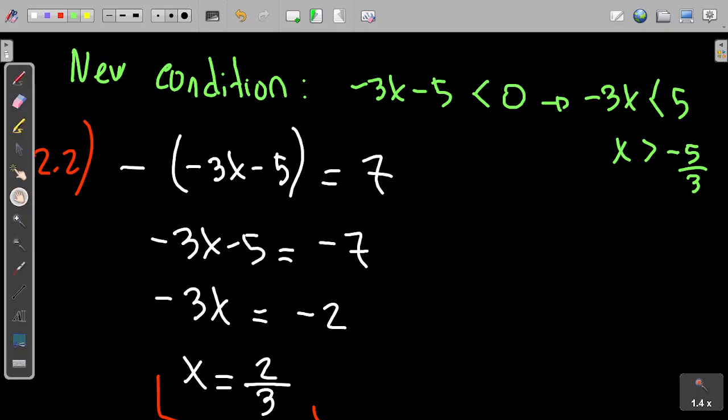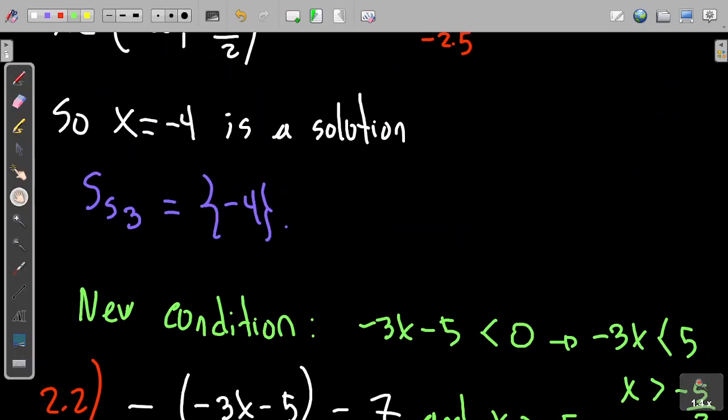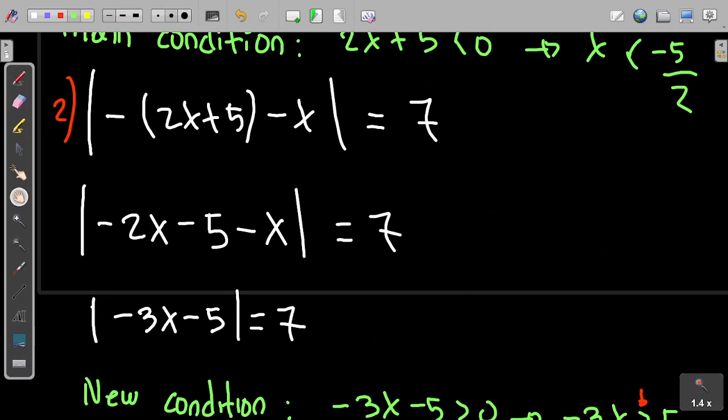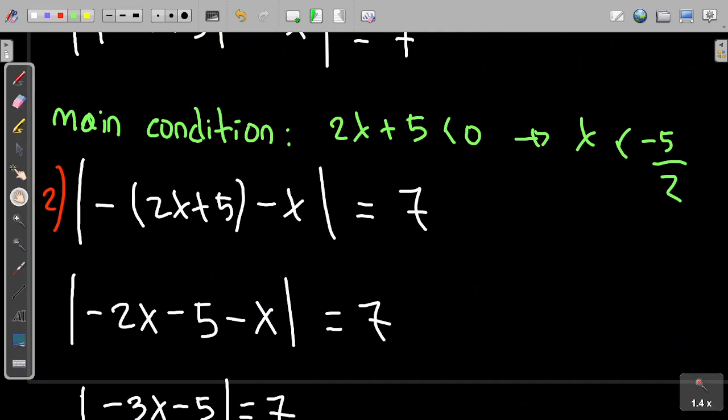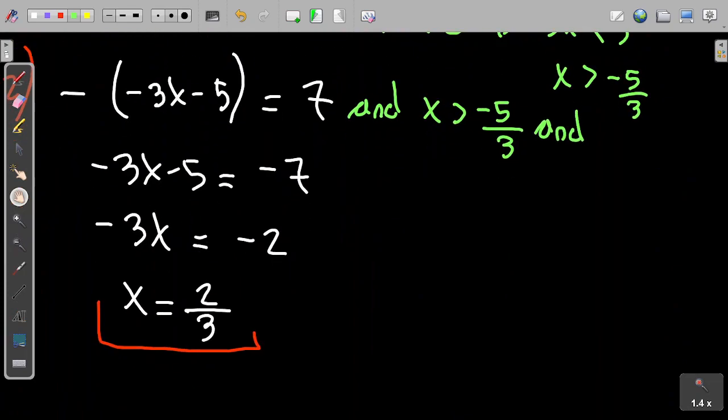Great. So now we need to check the conditions again. The condition of this is that x should be bigger than negative 5 over 3, and the main condition of equation number 2 was that x is less than negative 5 over 2.